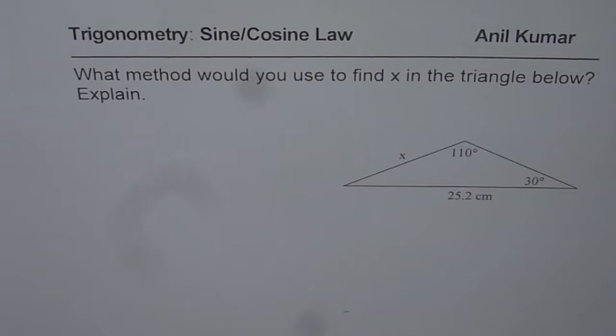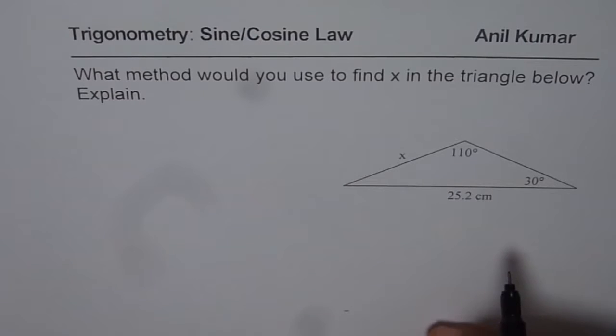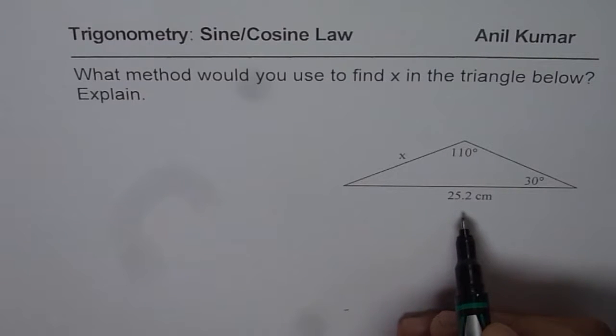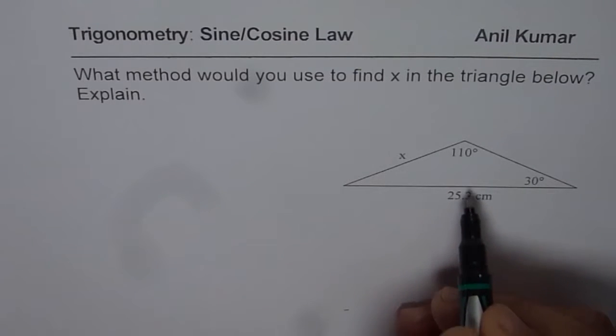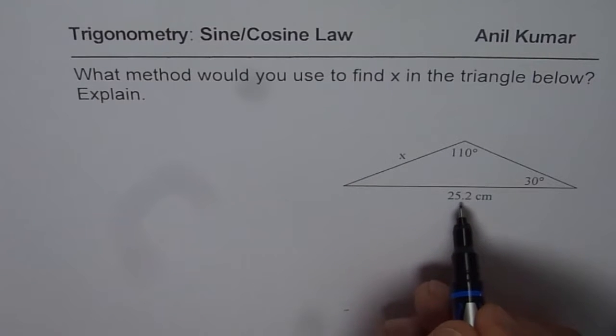So in this kind of a situation, how to solve the triangle? To find x means solve a triangle, right? Now what you observe here is that you have a combination of angle and opposite side. So whenever you are given a combination of angle and opposite side, you can use sine law.